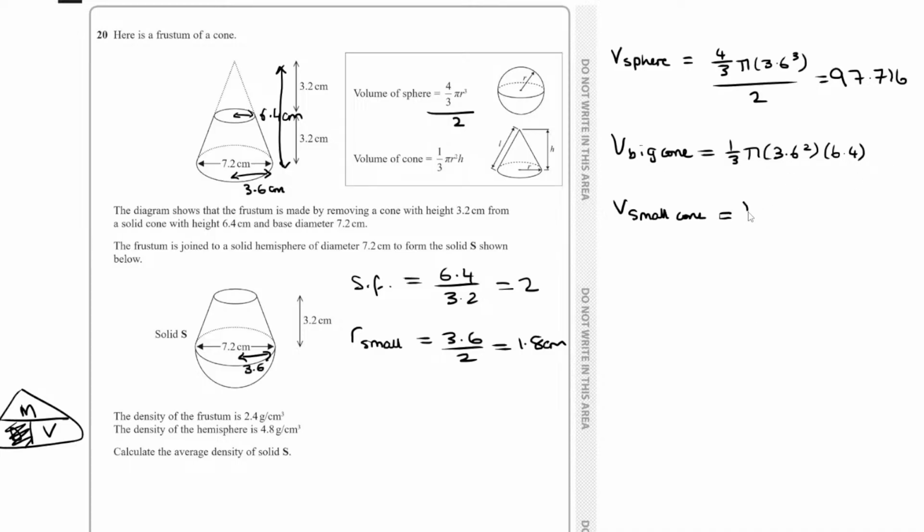So now we've got all our information. 1/3 pi times the radius, which was 1.8 squared, and the height of the small one is 3.2. And then for the frustum, I'm just going to subtract them straight away so I don't have too many decimals.